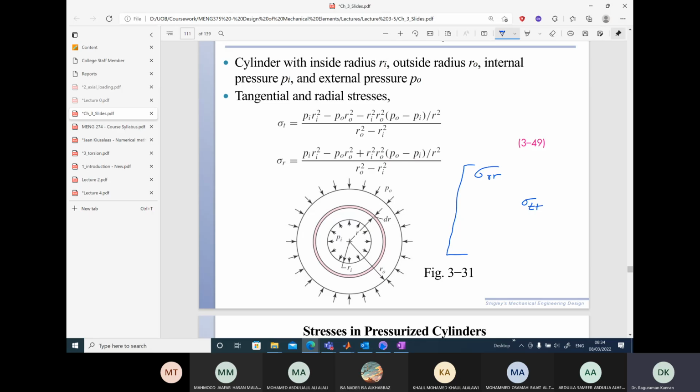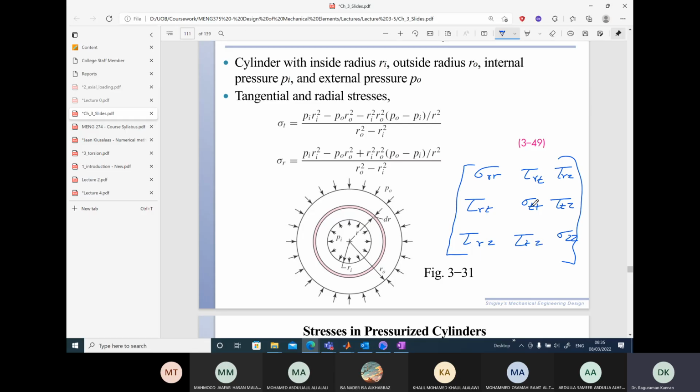The normal stresses, as usual, are on the diagonal. Then the shear stresses become tau RT, tau RZ, etc. The shear stresses will still be symmetric. But these will be the components.